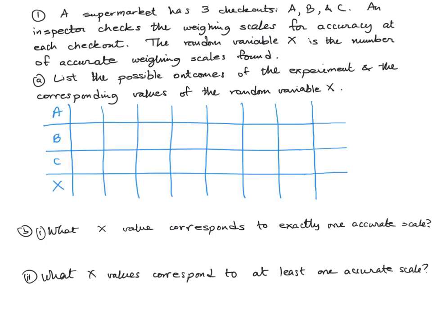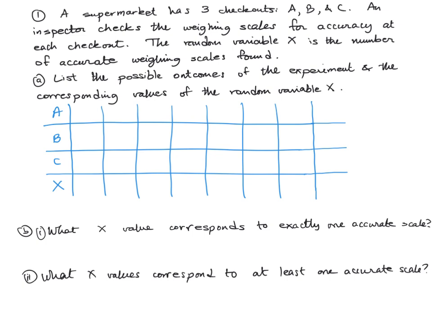So the first question is, list the possible outcomes of the experiment and the corresponding values of the random variable X. So what I've done here is I've created a table for A, B, and C, and in here I'm going to have all the combinations of accurate versus inaccurate, and then X would represent the number that I found in each particular scenario. So I'm going to use Y for yes, it was accurate, and N for no, it was inaccurate.